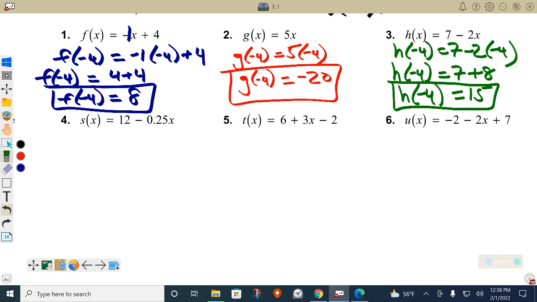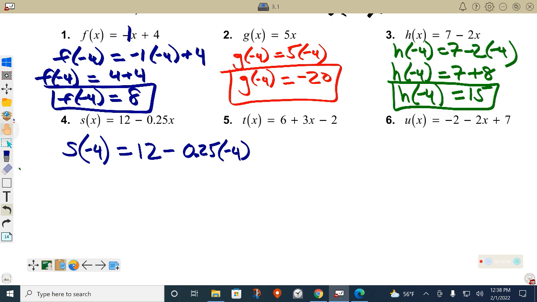How about s of x? Here we go. I'll go Dodger blue again. The function s of x, what's s, the function at negative 4? s at negative 4, we got 12 minus 0.25 times negative 4. So 0.25 times 4 is going to be negative 1.